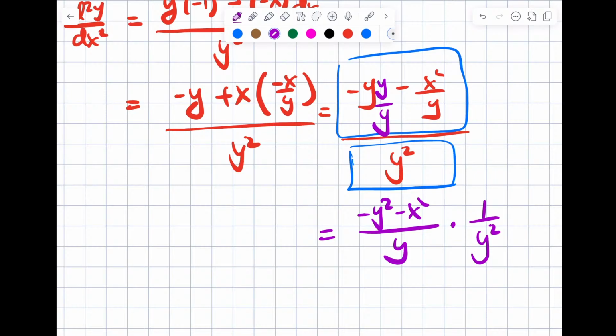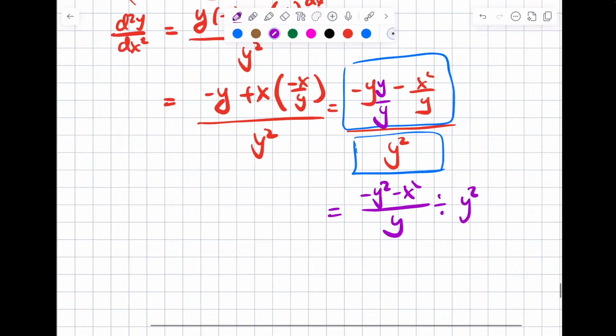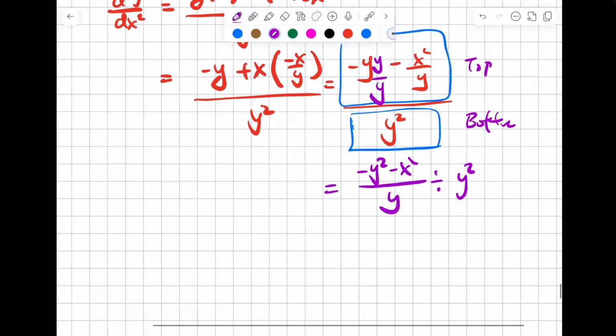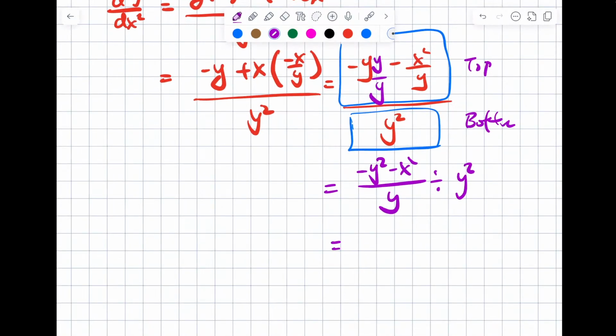Divided by, okay, let me write it. Divided by y squared, because the top function divided by the bottom function. Is that okay? Because this is the top, this is the bottom. It's top divided by bottom. Is that okay? Now I'm gonna factor out a -1 here, so that's gonna be x squared plus y squared over y, and this is gonna be y to the second.